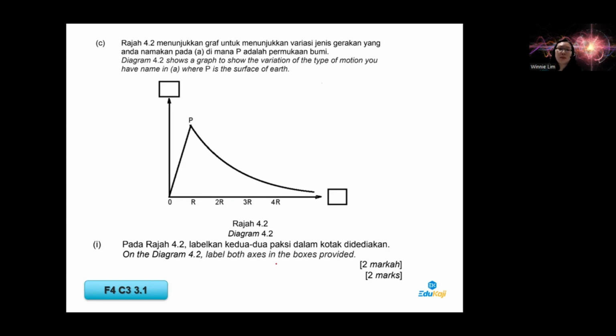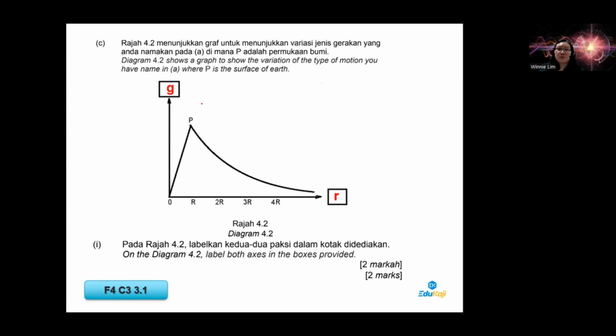Label both axes in the boxes provided. What is the y-axis? What is the x-axis? If you notice, R is the radius of Earth, then the object is getting further from it. So of course the x-axis should be distance. And the y-axis is supposed to be gravitational acceleration.